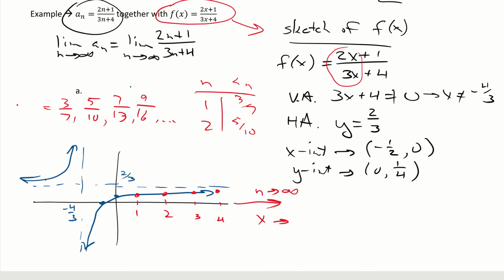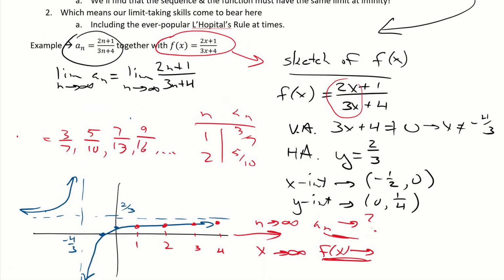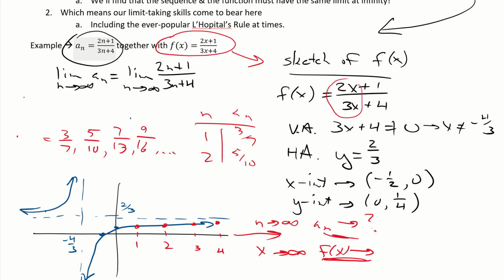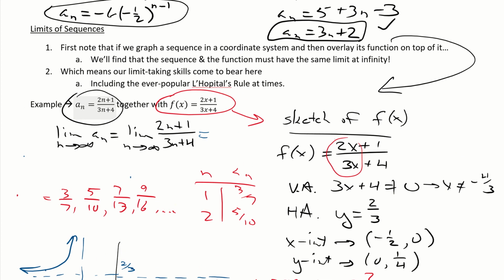Whatever this guy does, so does the sequence, because the sequence is a discrete set of numbers inside the function. All that to say that when they ask you to take the limit, we don't have to do anything fancy with it. All we have to do is take it.